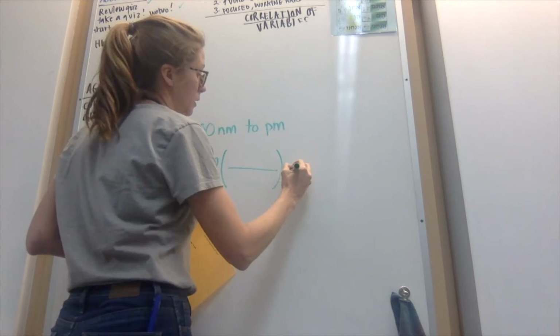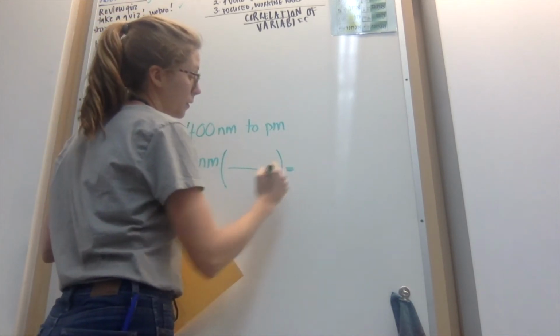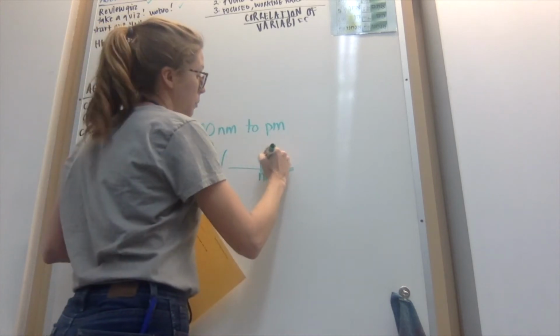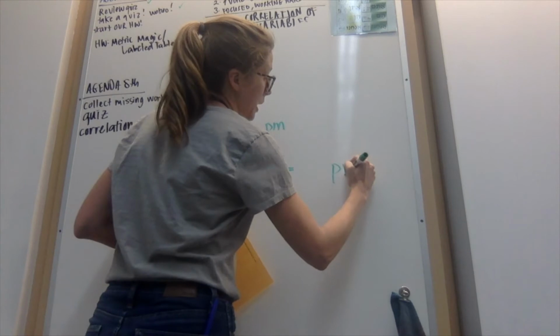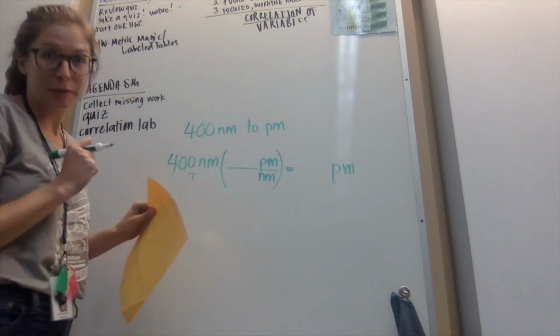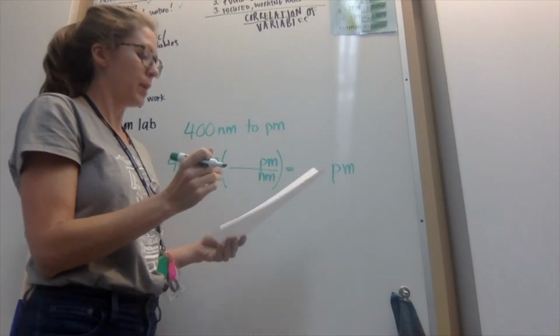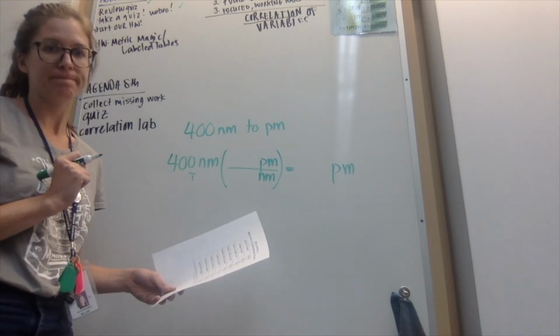Okay? Nanometers has to cancel out, leaving picometers to go on the top. My answer will be in picometers. Okay, I'm going to give you a second to figure it out. Figure out how many picometers are in 1 nanometer. I'm sorry.